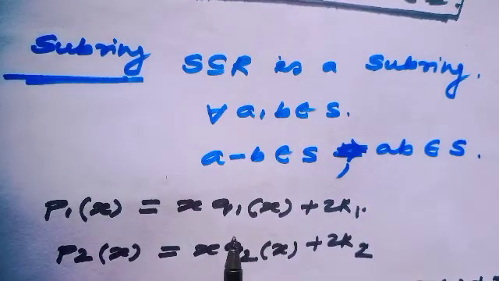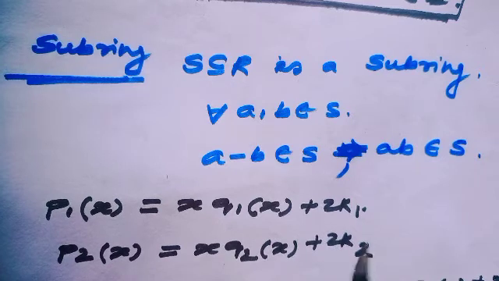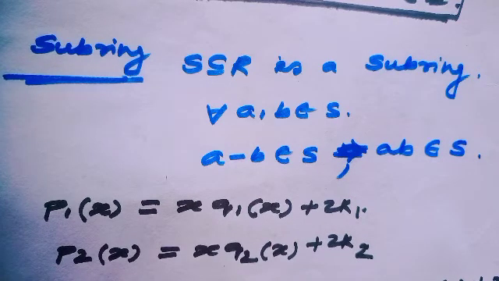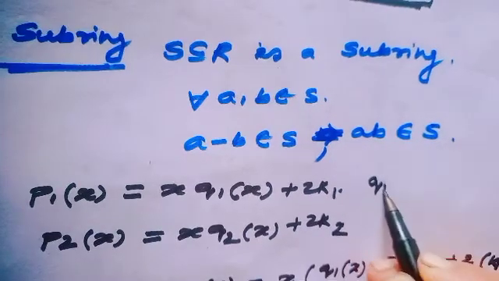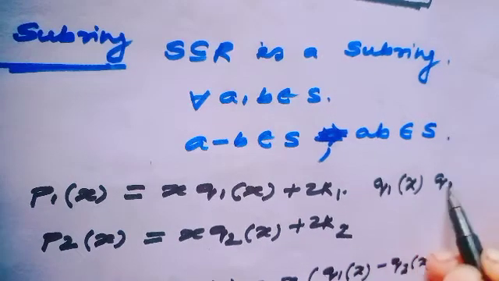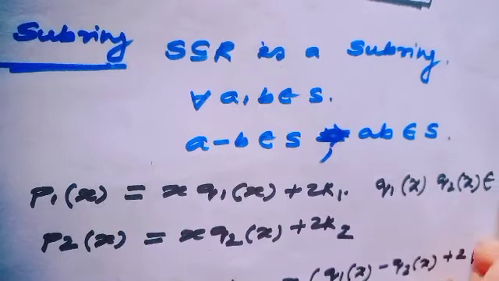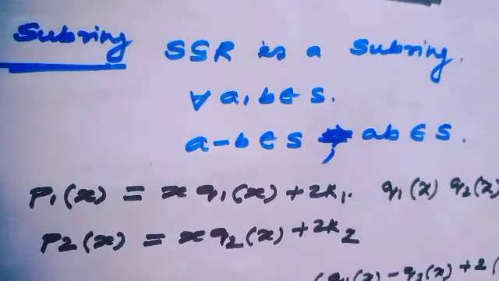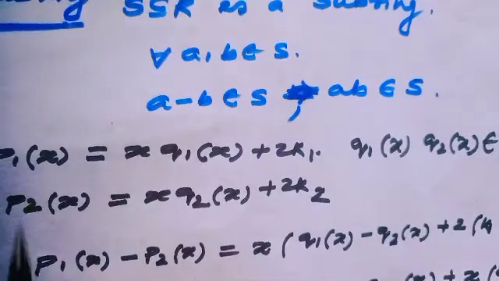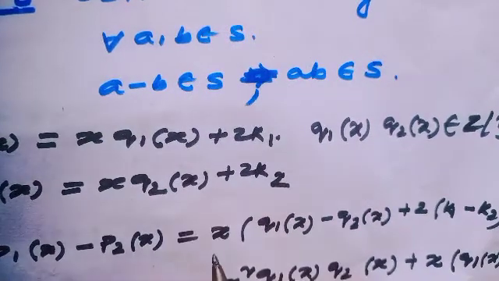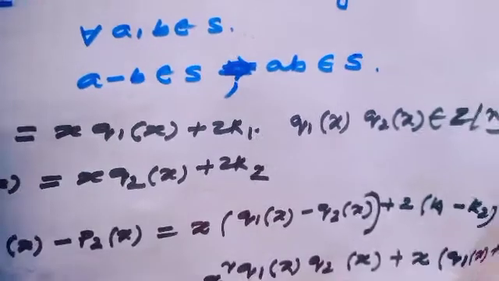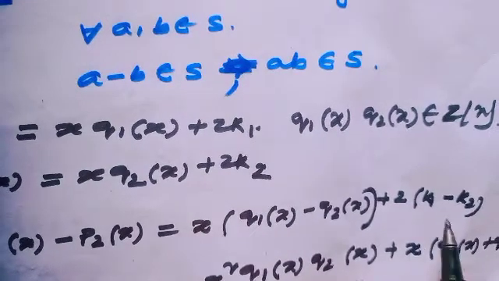Consider two arbitrary polynomials p1(x) and p2(x). p1(x) looks like x q1(x) plus 2k1 and p2(x) looks like x q2(x) plus 2k2, where q1(x) and q2(x) are polynomials in Z[x]. Then their difference would be x (q1 minus q2)(x) plus 2(k1 minus k2).